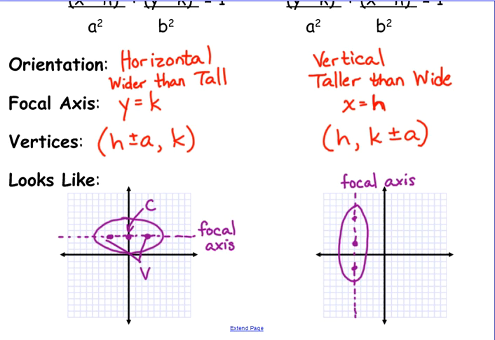I have never seen them actually ask you to graph it. I've really only seen them ask questions about, like, what is the location of the vertices. I've never actually seen them ask anybody to actually graph one.